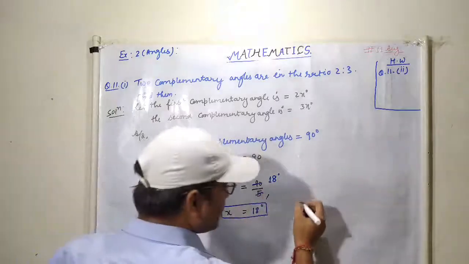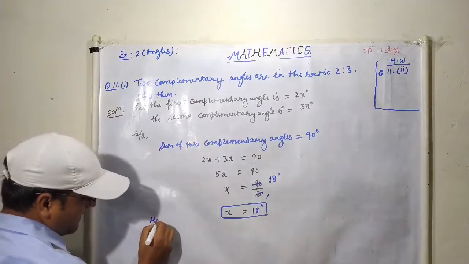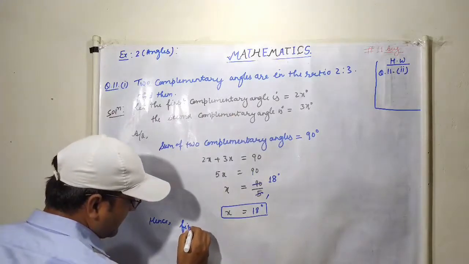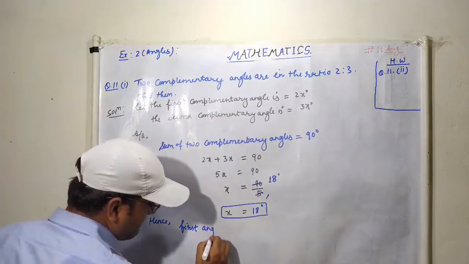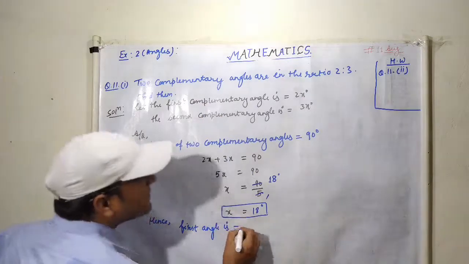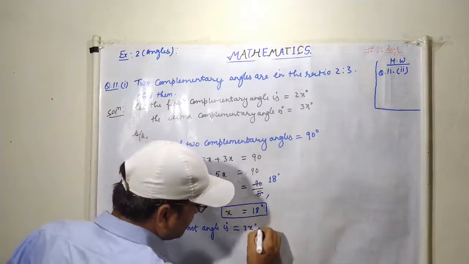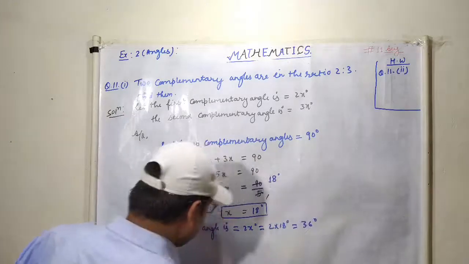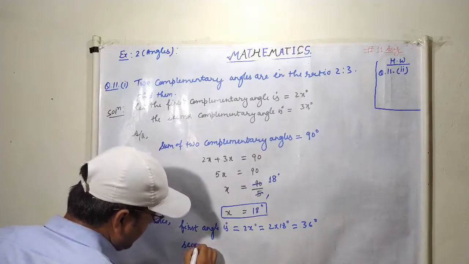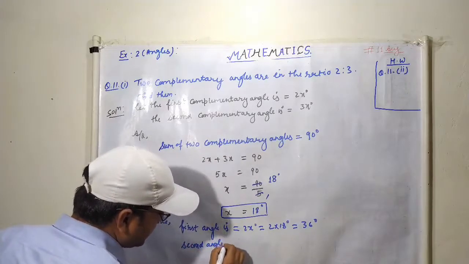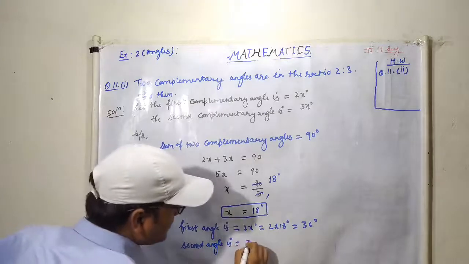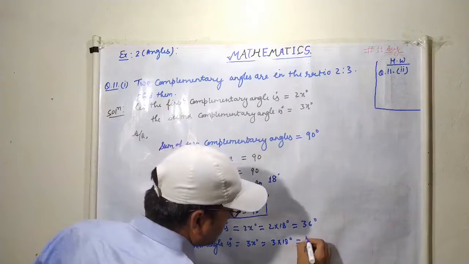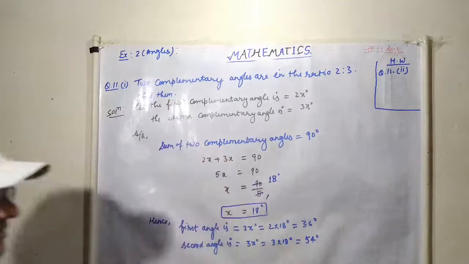Hence the first complementary angle is 2x, means 2 multiplied by 18 degree, 36 degree, and the second complementary angle is 3x degree. So 3 multiplied by 18 degree, 54 degree. This is your answer, students.